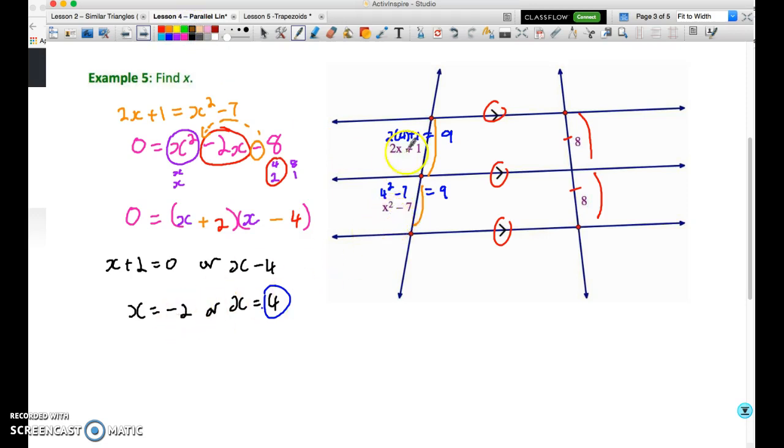If we substitute in -2, so -2 squared minus 7, now we'll start to see the problem. This produces 4, and 4 minus 7 produces -3, which represents a length, and we cannot have a length of -3. The same issue happens here: 2 times -2 produces -4 plus 1, which is -3. So this produces an extraneous solution, and our final answer is x equals 4.